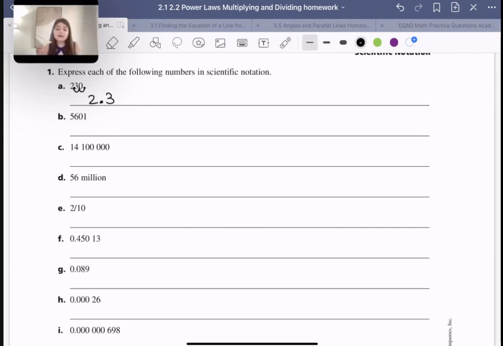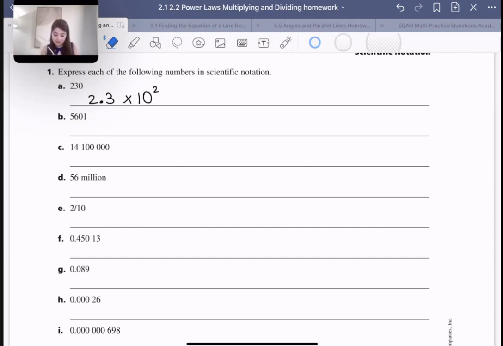Now, because I moved the decimal 2 points to the left, I need to multiply by 10 to the power of 2, right? Because every time we move our decimal to the left, we need to multiply by 10, right? So we moved it twice to the left, so we multiply by 10 twice, or get 10 squared. And so there's the answer.